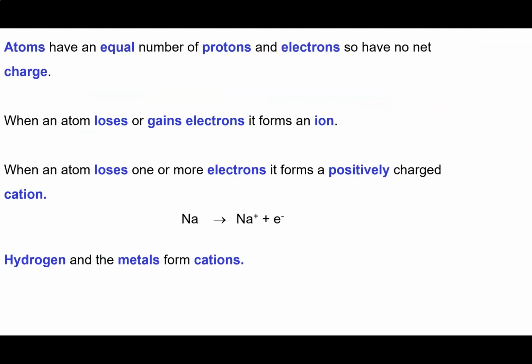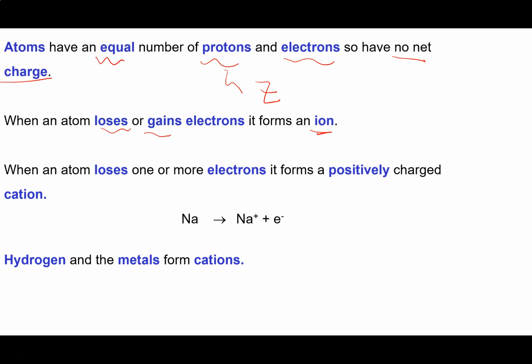So we know that atoms have an equal number of protons and electrons, and we can get this number from the periodic table. It's called the atomic number. Because the number of electrons and protons is equal, atoms have no net electrical charge. Now, if an atom loses some electrons or gains some electrons, it'll form an ion.